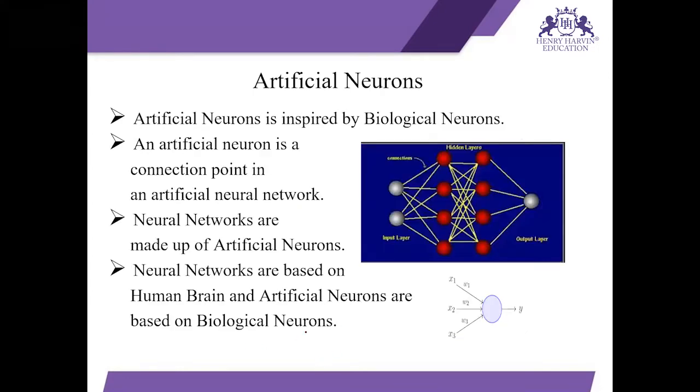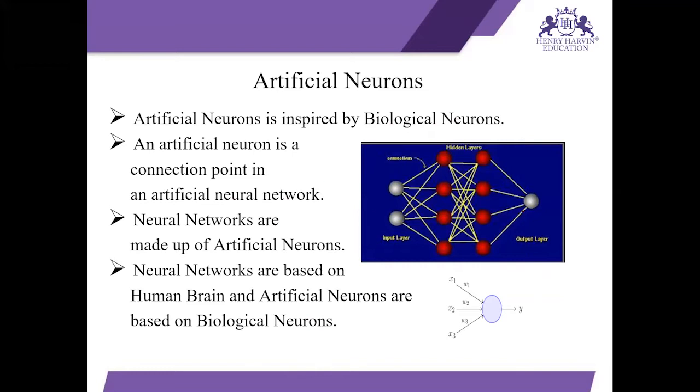Now let us try to understand artificial neurons, because we are going to study artificial neural networks, right? So we should understand artificial neurons first. The artificial neuron is inspired by biological neurons. An artificial neuron is a connection point in an artificial neural network.